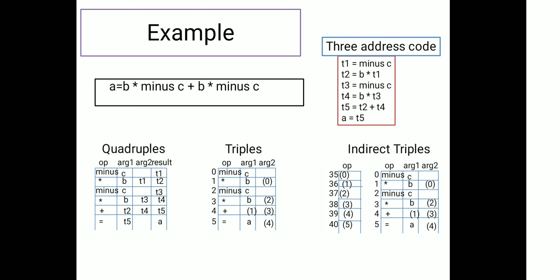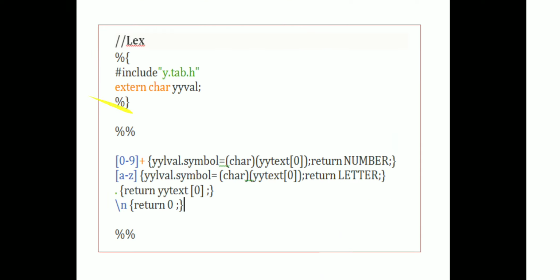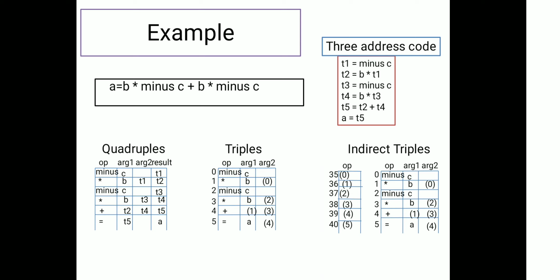To generate the three address code and record the three address code, in this assignment we are going to enter a particular expression, convert it into the appropriate three address code, and then record this three address code. Here we are going to use a Lex program, which identifies the tokens and gives the tokens as output.